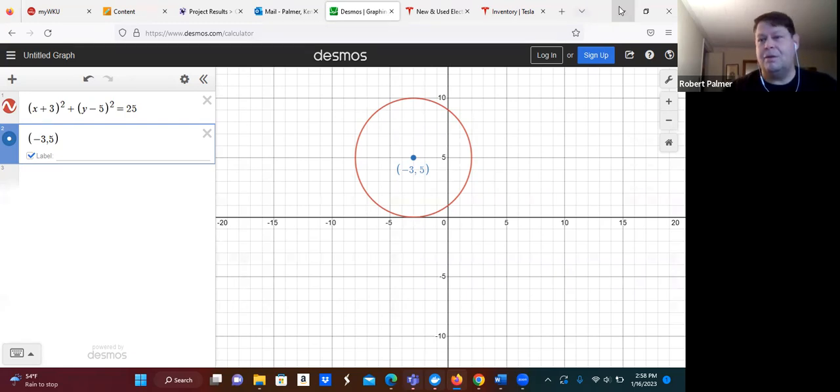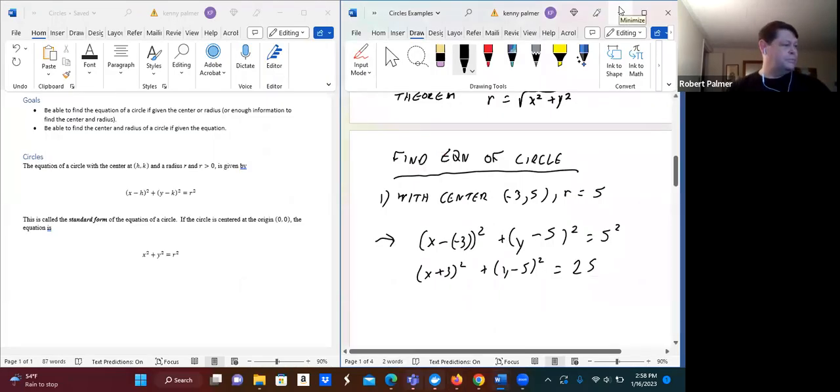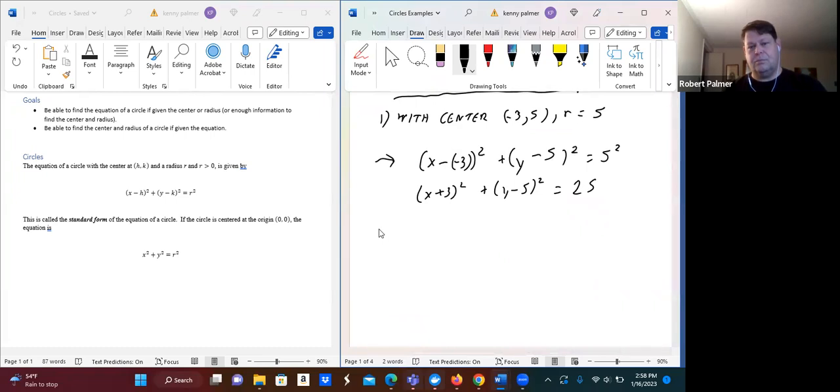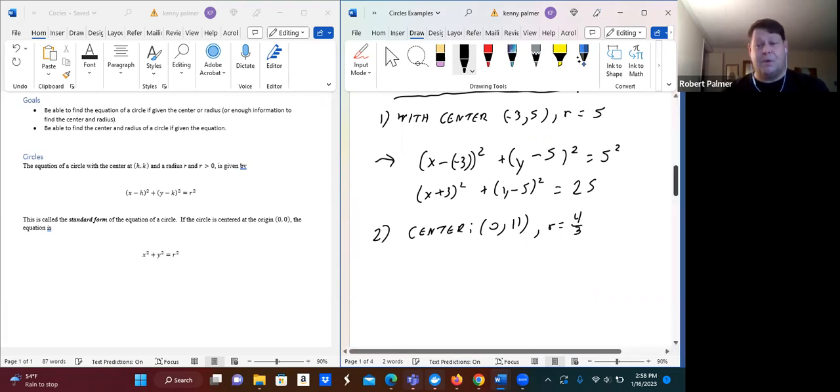Now, let's go back and take a look at another example. This time, the same thing. So we have the center is going to be 0, 11, and the radius is going to be 4/3. Of course, these numbers can be any sorts of numbers.